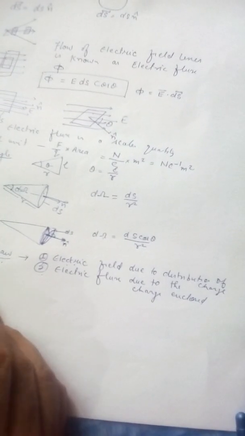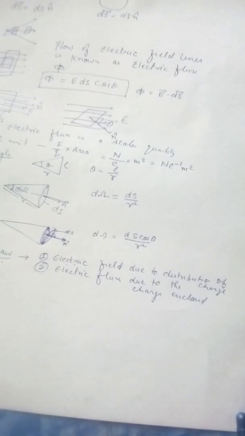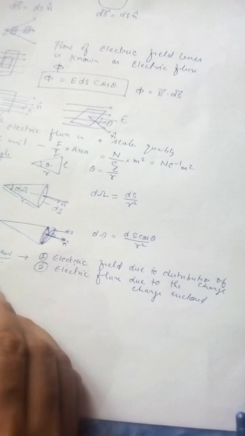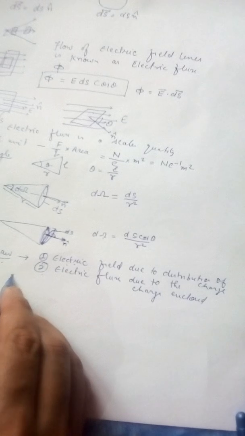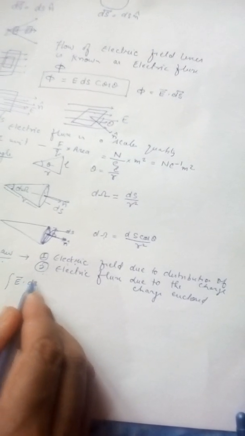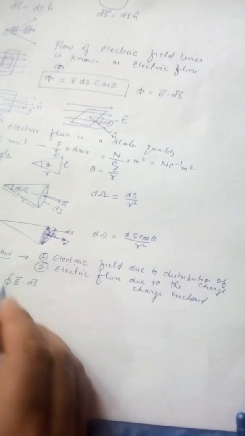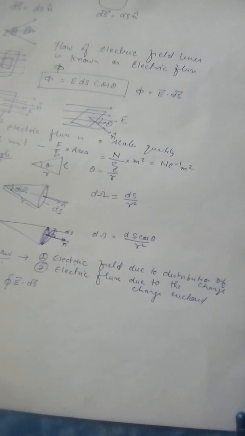First we are going to discuss Gauss law. So Gauss law is used to find the electric flux, and that electric flux is given as E into ds. If it is a closed surface area, you have to draw this symbol that represents closed integral, means the integral over the closed surface.